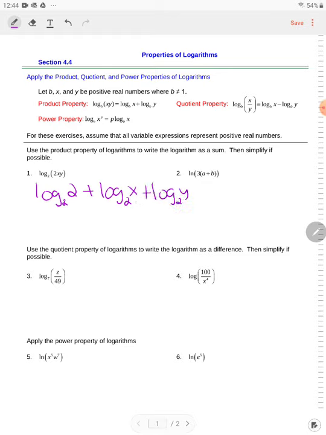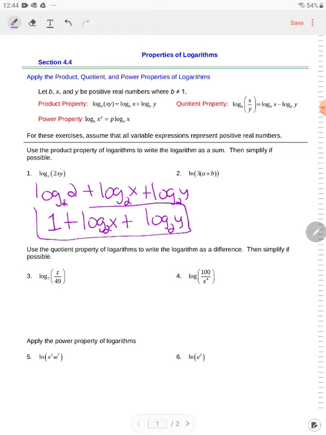Now, the number log 2 base 2, if you recall from last class, is equal to 1. So 1 plus log x base 2 plus log y base 2. And this is your final answer. Because we have variables, we cannot get a numerical value.